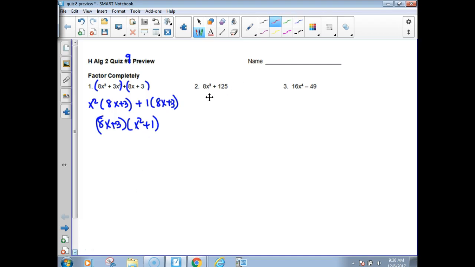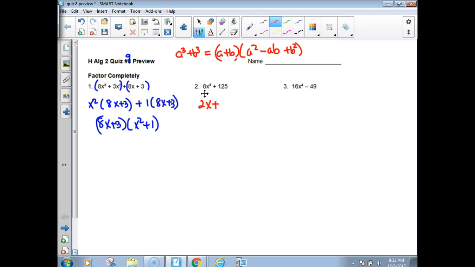Okay, the second problem is a sum of cubes. Now, you need to know the pattern for a sum of cubes, and you should have memorized this. A plus b times a squared minus a times b plus b squared. Okay, so the a part would be 2x.